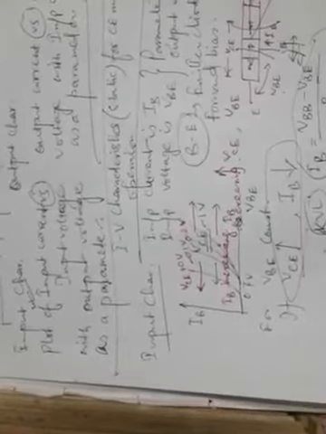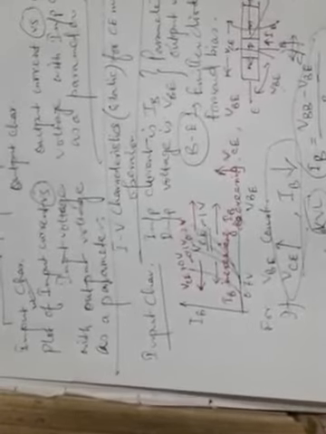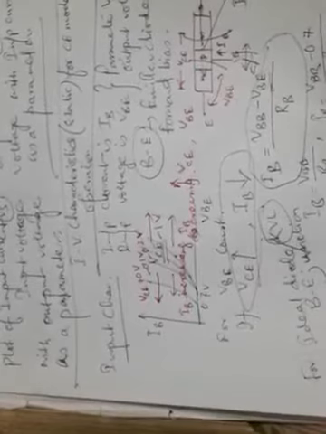And if we consider VBE as 0.7 volt, then incorporating the second approximation, IB should be VBB minus 0.7 by RB. But in most cases for problem solving, this second approximation formula, that means considering a non-ideal diode, will be useful, and it will give us higher accuracy of calculations.